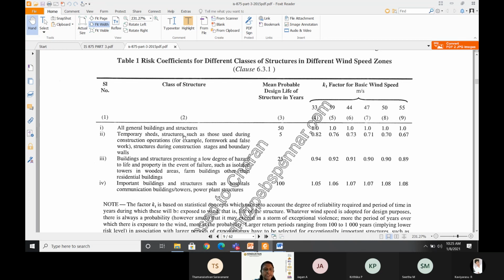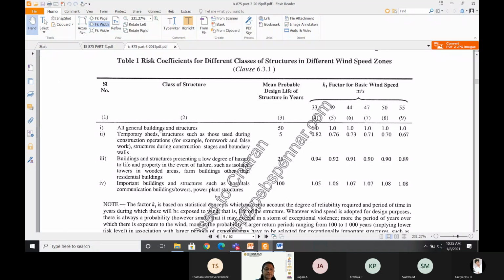Second one is temporary sheds, such as during the construction operation, for example, formwork, false work, structures during construction stages and boundary walls. Third one is buildings and structures presenting a low degree of hazard to life, like wooden structures, etc. And fourth one is important buildings and structures such as hospitals, communication buildings, towers, power plant structures.